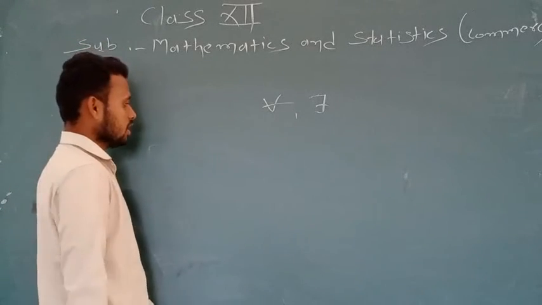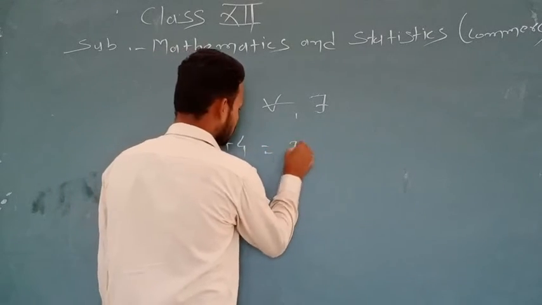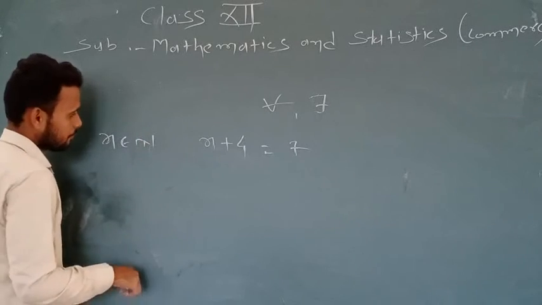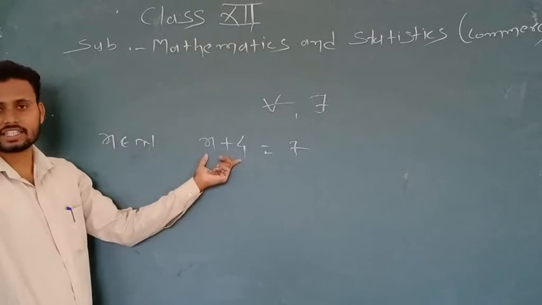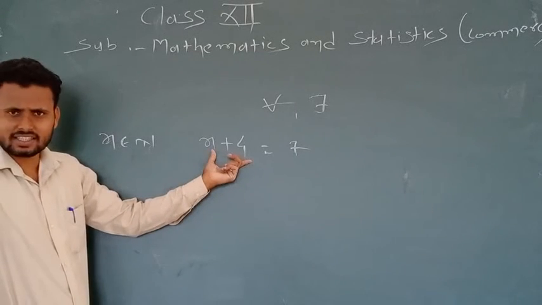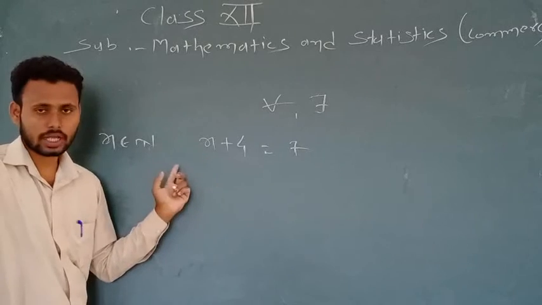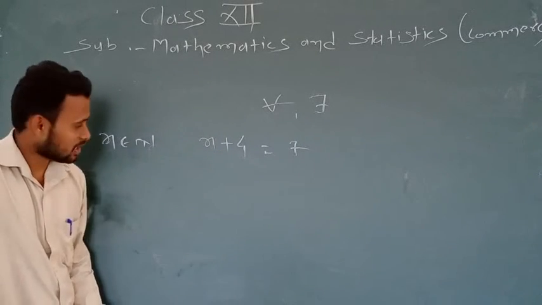For example, if x plus 4 is equal to 7, here I take x belongs to the natural numbers. It is an open sentence. This open sentence is not a statement. हे स्टेटमेंट होत नाही. It is only an open sentence. But quantified statement definition काय होते?